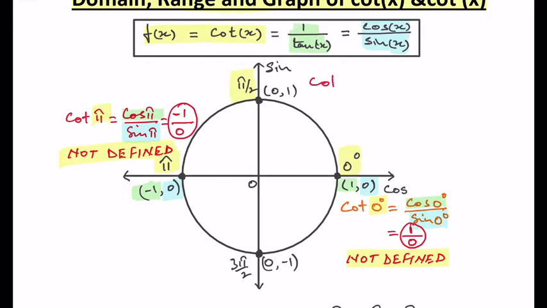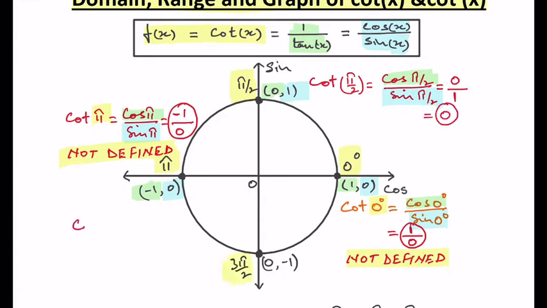Now at pi by 2, cot pi by 2 is cos pi by 2 over sine pi by 2, where cos pi by 2 is 0 and sine pi by 2 is 1. So 0 over 1 is 0.